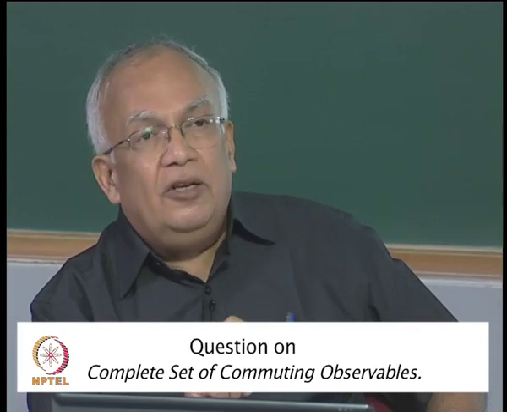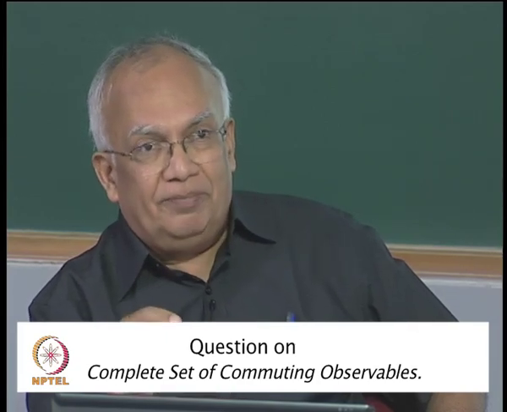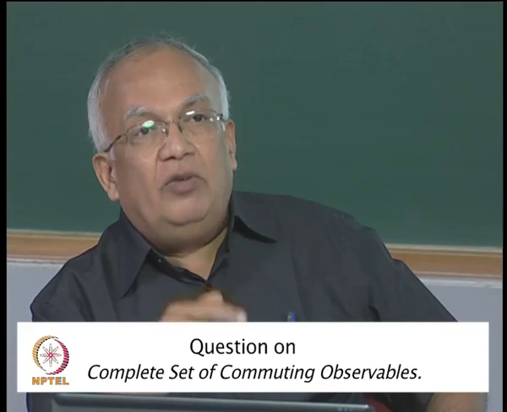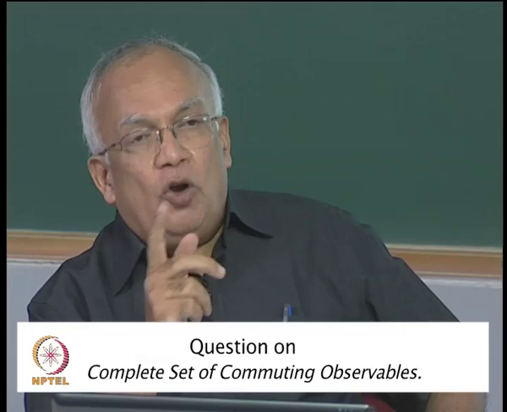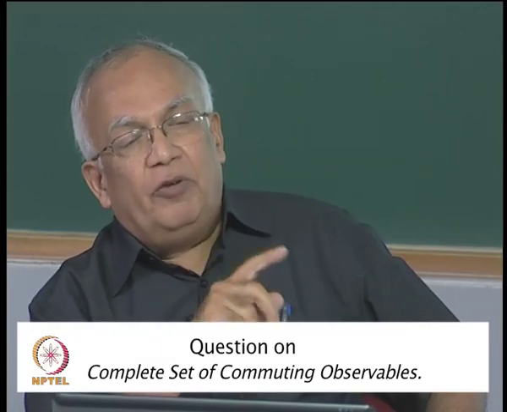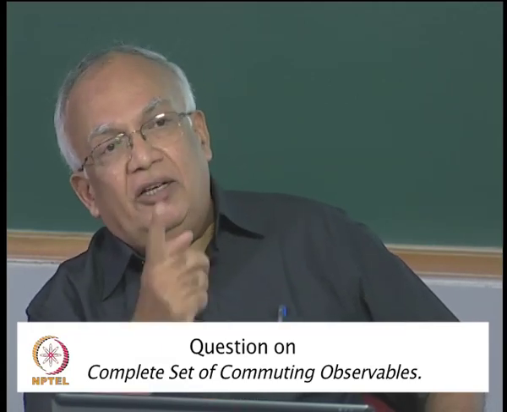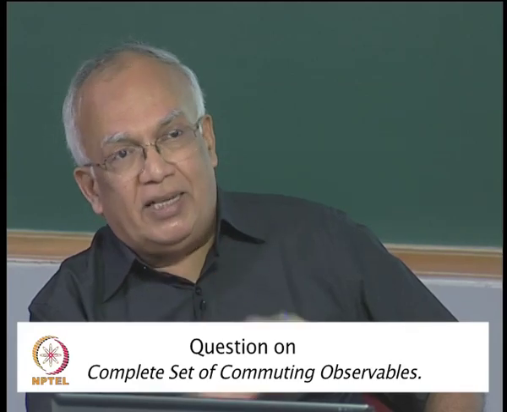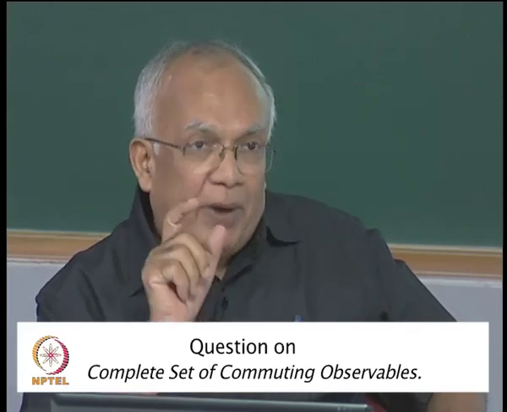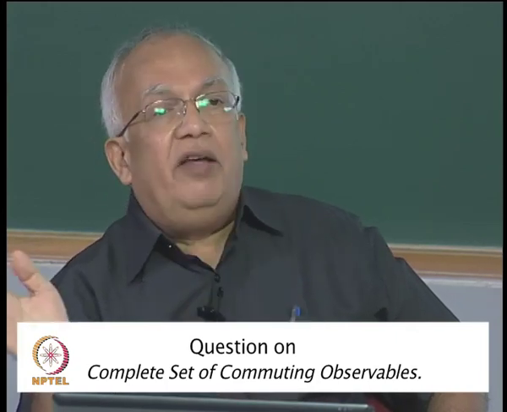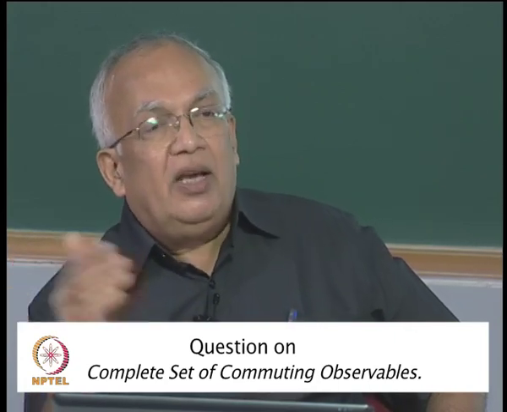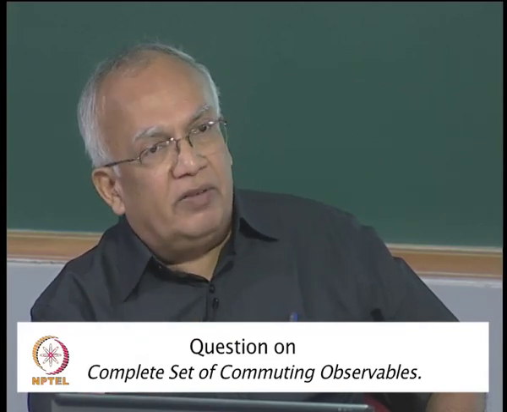That is the reason you do not stop at one measurement, you carry out the next measurement, and the interesting thing is that it is not guaranteed that after performing the next measurement you come back and repeat the first measurement you will get the same answer. That is the reason you have to look for compatible measurements, and once you have exhausted everything that can be measured you get a complete set of compatible observables and correspondingly a complete set of commuting operators, CSCO.